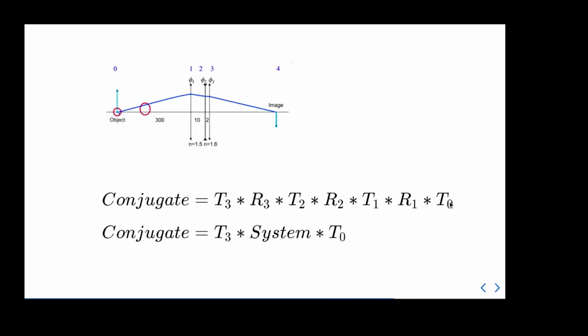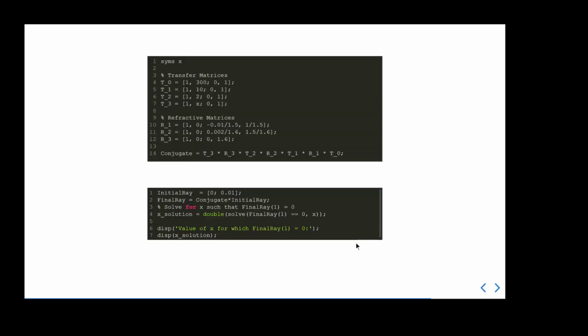Now, if you multiply all these matrices, we will get the conjugate matrix. If we take only the system matrix, which is defined by R1 to R3 and defines this optical system, it's called the system matrix, and the entire thing is called the conjugate matrix. The only difference is that here we have the object distance and the image distance, T3 and T0.